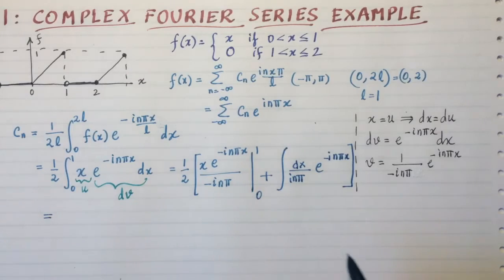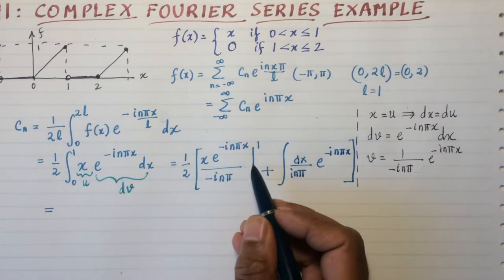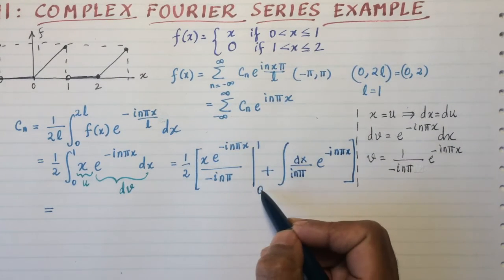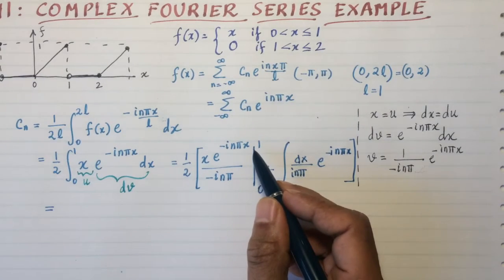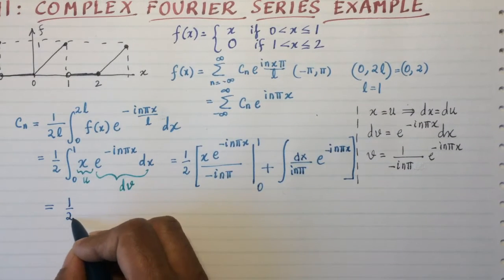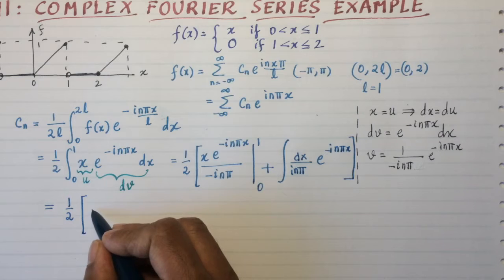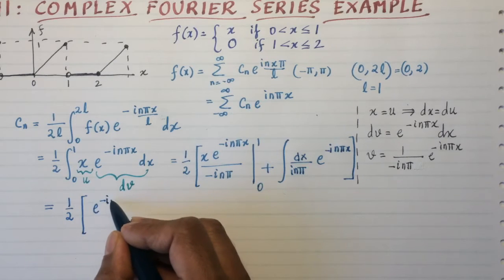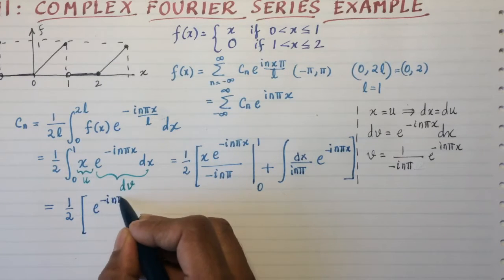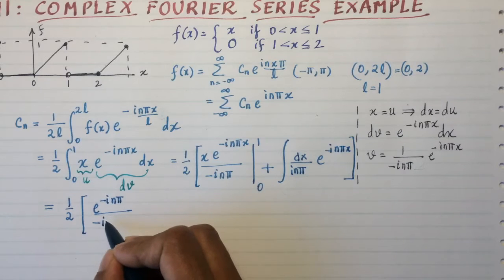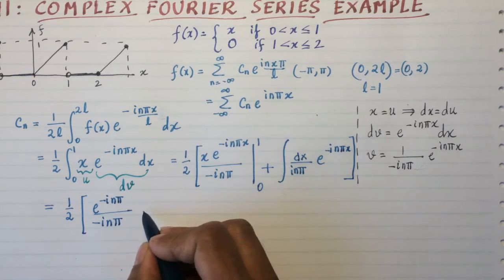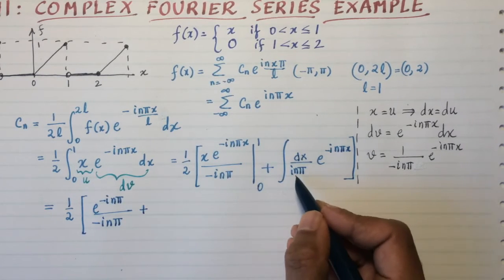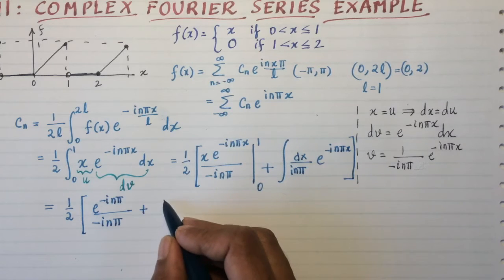So we can evaluate the first part immediately, because at 0 it goes to 0, at 1 is the only contribution you have left. So the first integral is simple enough. It's e to the minus i n pi divided by minus i n pi. Now here I'll take the i n pi outside.